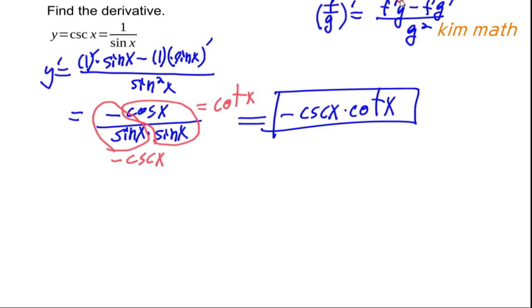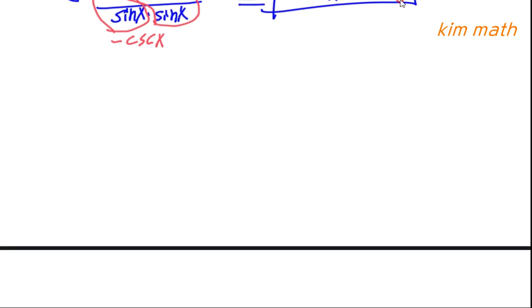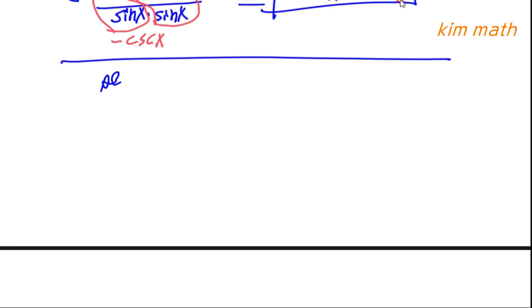Okay? Now let me briefly summarize one more time. If you have a secant x, the derivative of secant x will be secant x times tangent x.